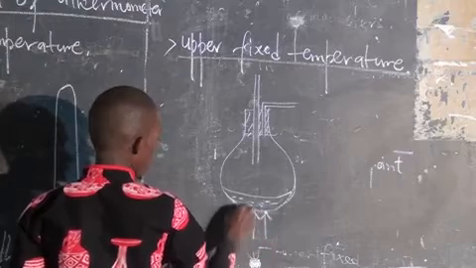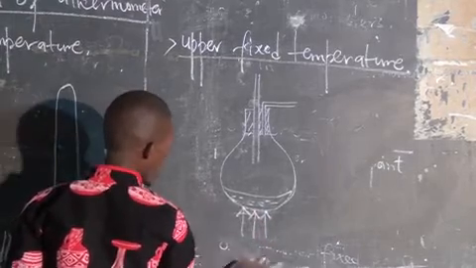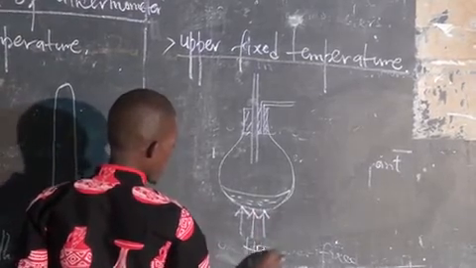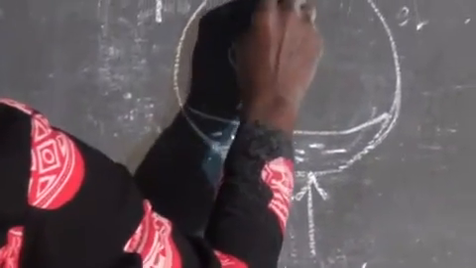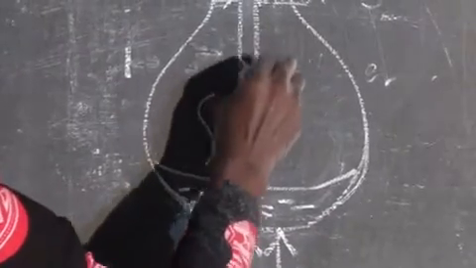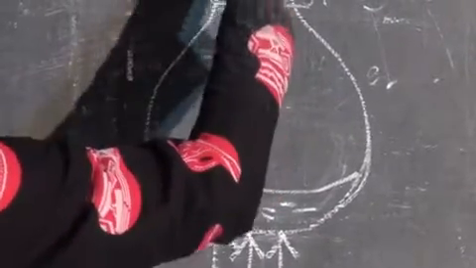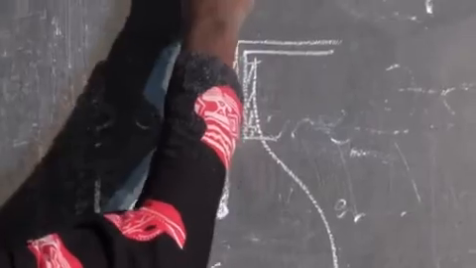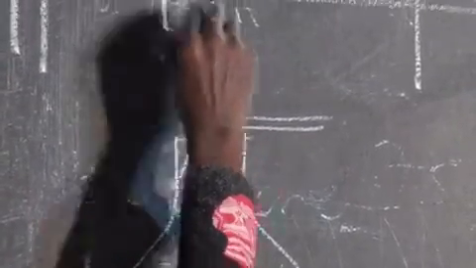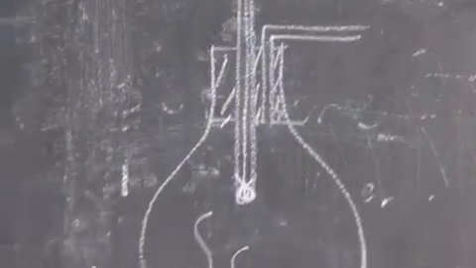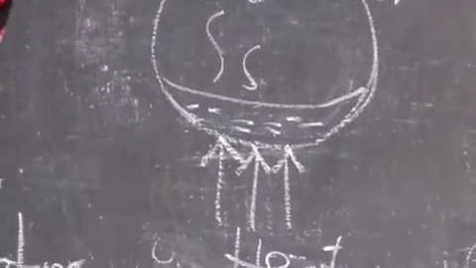Heat. Now the flask is heated. And here we have the thermometer. When you start heating, what happens? You observe the mercury thread.